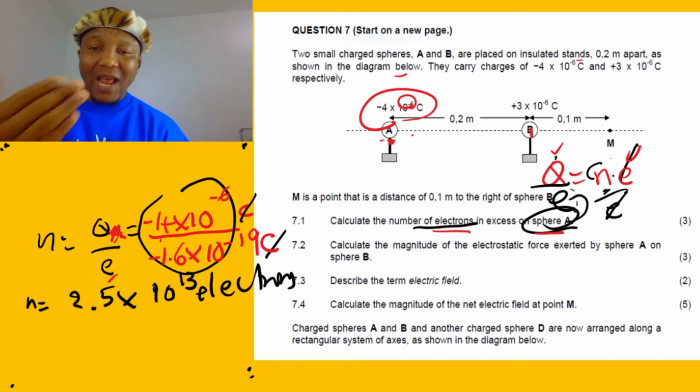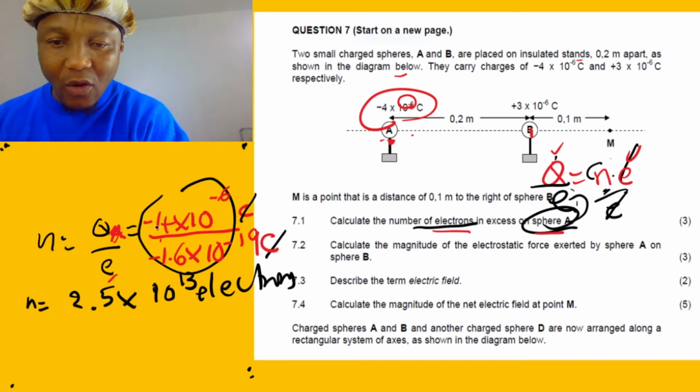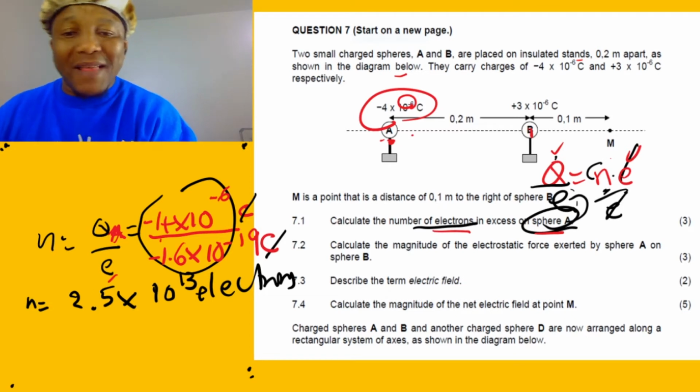But if they ask for B also, you could do the same trick.